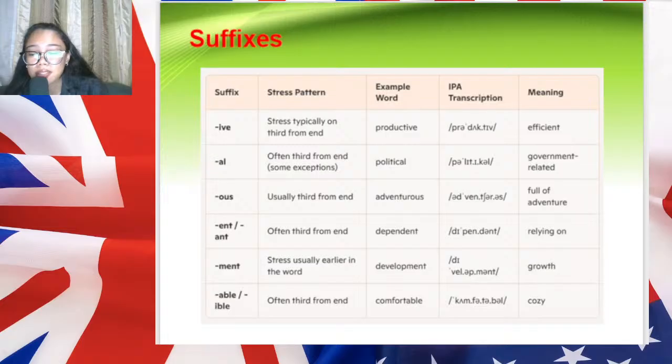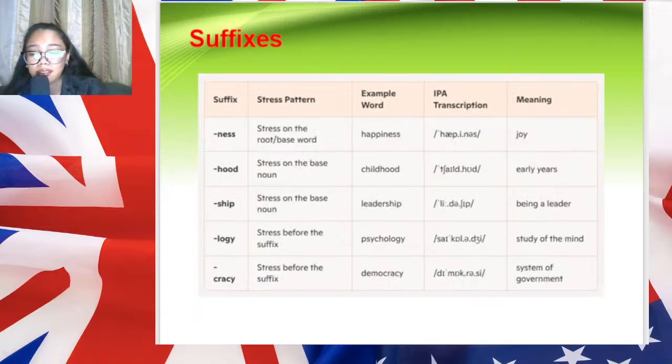The suffix is -al, so we should focus on the syllable before it. So stress on the root or base word for -ness, like happiness. Then stress on the base noun for -hood. And ship, stress on the base noun. Then -ology, stress before the suffix itself, and -cracy, before the suffix. Okay, that's it.